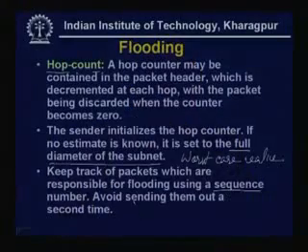We avoid sending that packet a second time whenever it comes to a node. The first time it is forwarded, that sequence number information is monitored, and whenever it comes again, it is not forwarded. So this is another important technique that can be used to reduce the number of packets whenever you are using flooding.